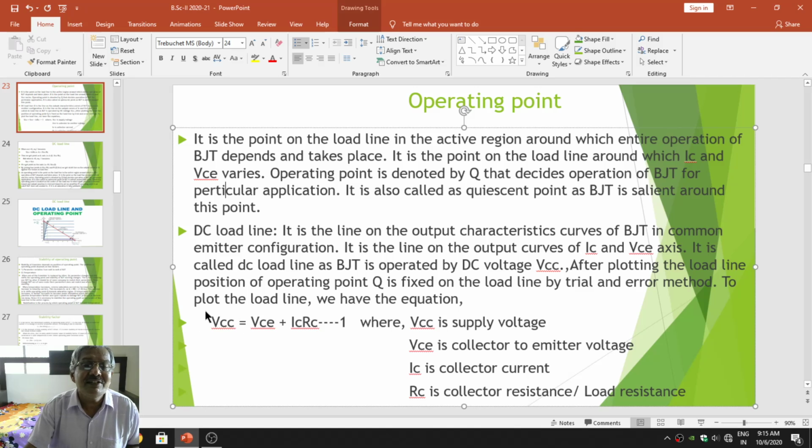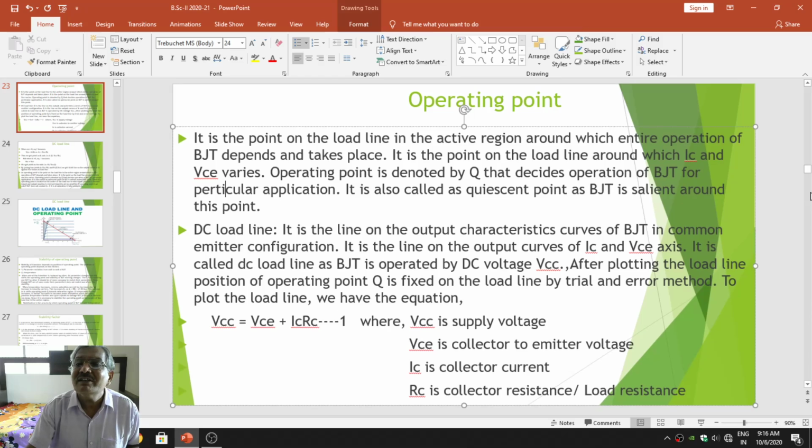VCC is the DC supply voltage for the operation of the BJT so as to bias the respective junctions in the respective manner. VCE is the voltage developed across collector and emitter. IC is the collector current. RC is the load resistance, or collector resistance. Let me call this equation number 1.